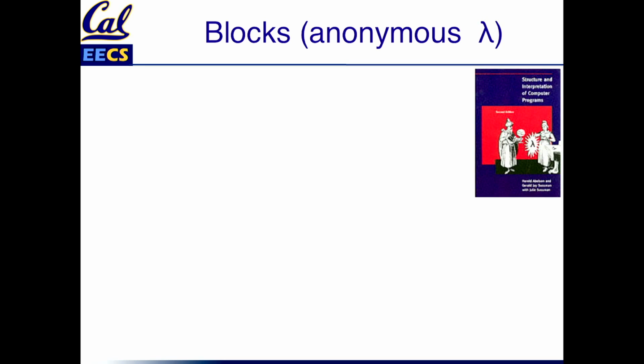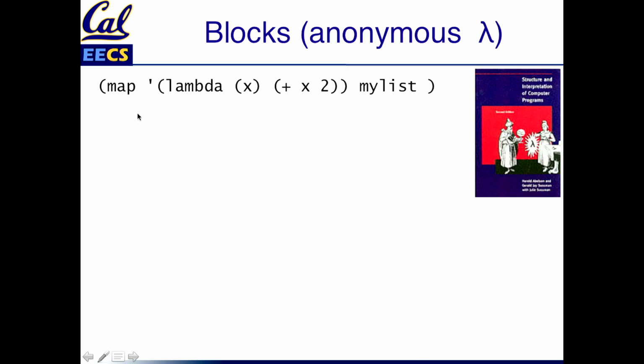Now, for those of you who are Berkeley students and took 61A when it was still taught in Scheme, one of my personal favorite languages, you have already seen this mechanism if you remember things like map and filter. The idea is that you would say map, give it a function, and give it a list. Now, in Scheme, a list is the only type, so you don't have to worry about what types of things are able to be mapped.